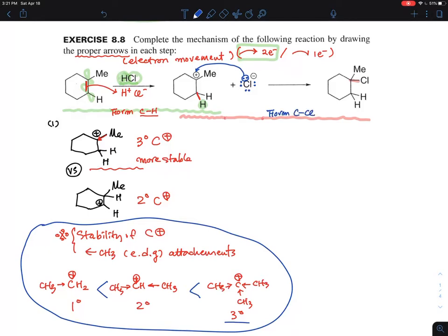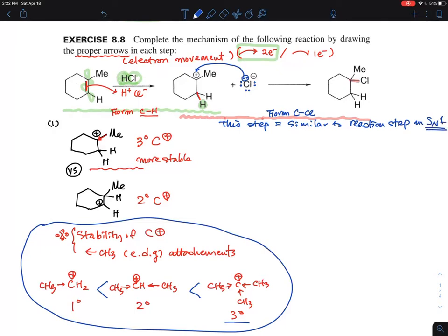Okay, new bonds, and then that's how the reaction can happen. So this is essentially very similar. This step is similar to one of the reaction steps in SN1, right?